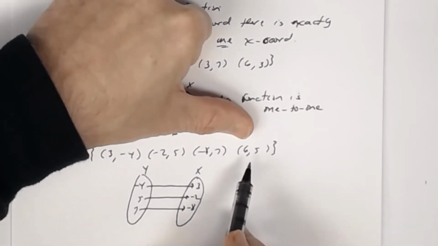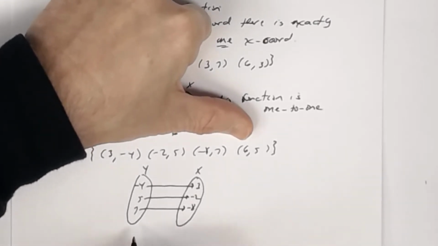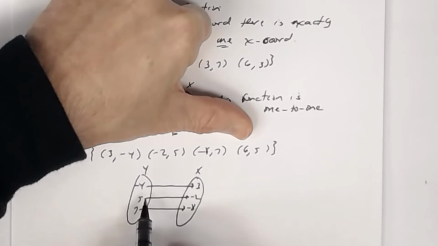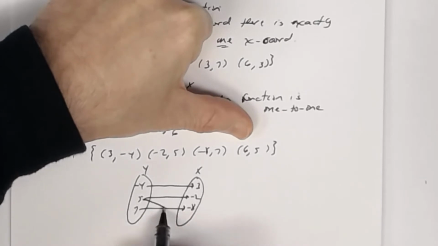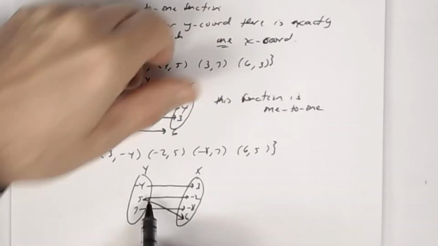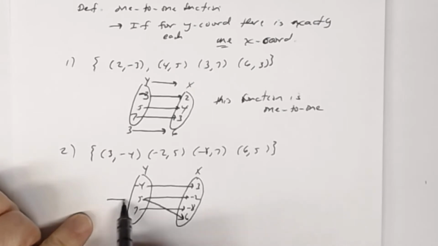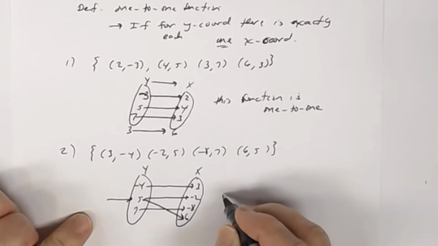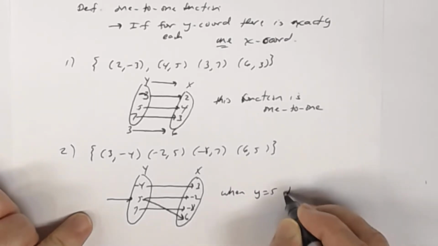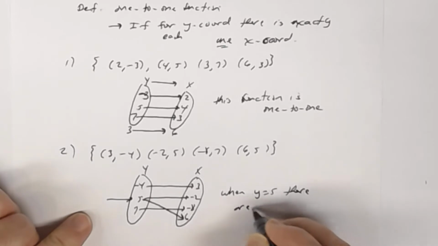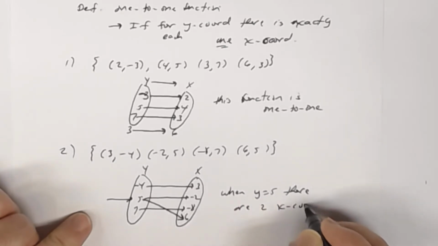So notice that for each y coordinate, there's exactly one x coordinate. But here's the problem. Look at y is 5. You already have it listed, but when y is 5, you also have your x value of 6. So notice that when y equals 5, there are two x coordinates.